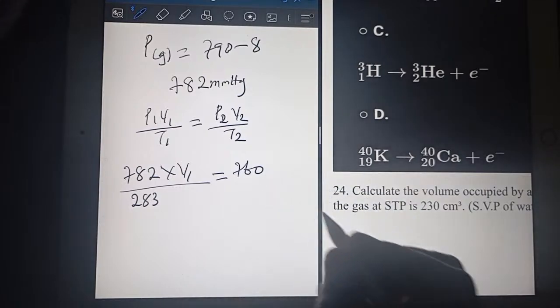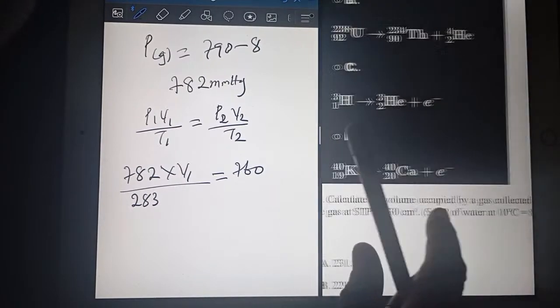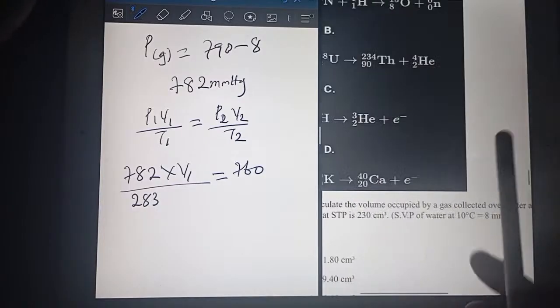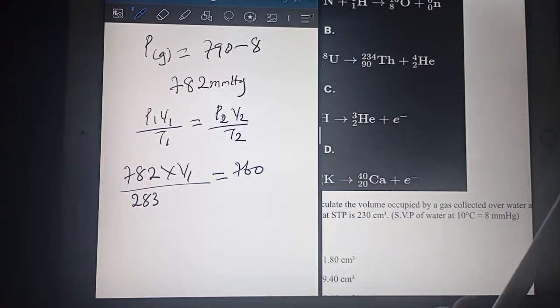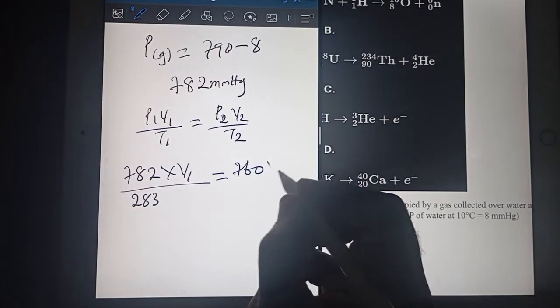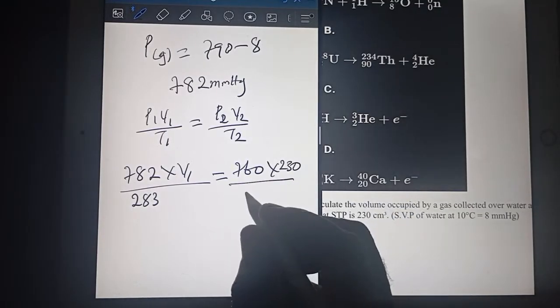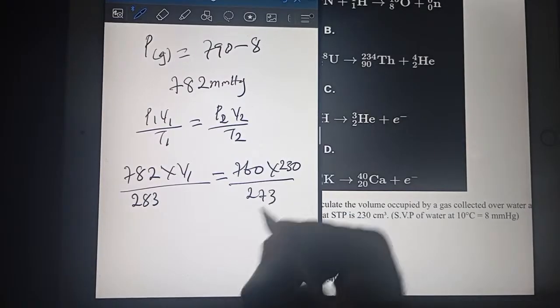So here, according to this question, because they said it's collected over water, I mentioned the temperature and the other one first. So I made STP second. So this is my P2 T2. So times V2, which is 230, which was given, all over T1, which is 273.